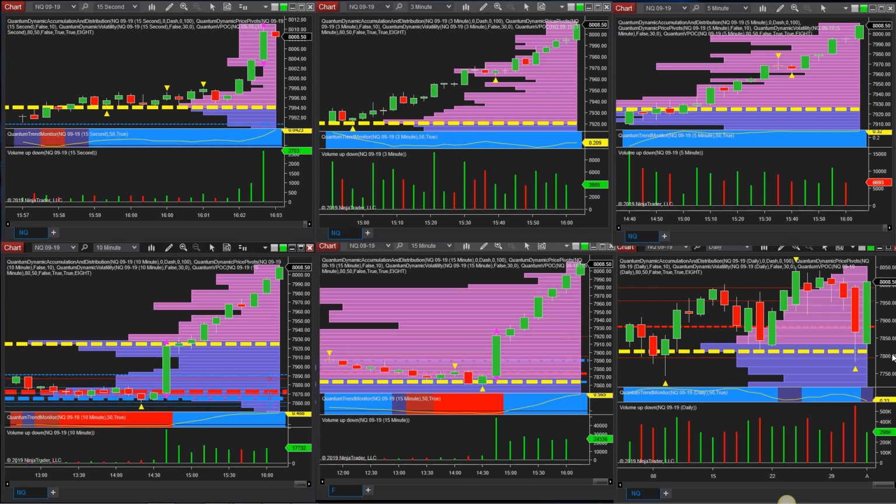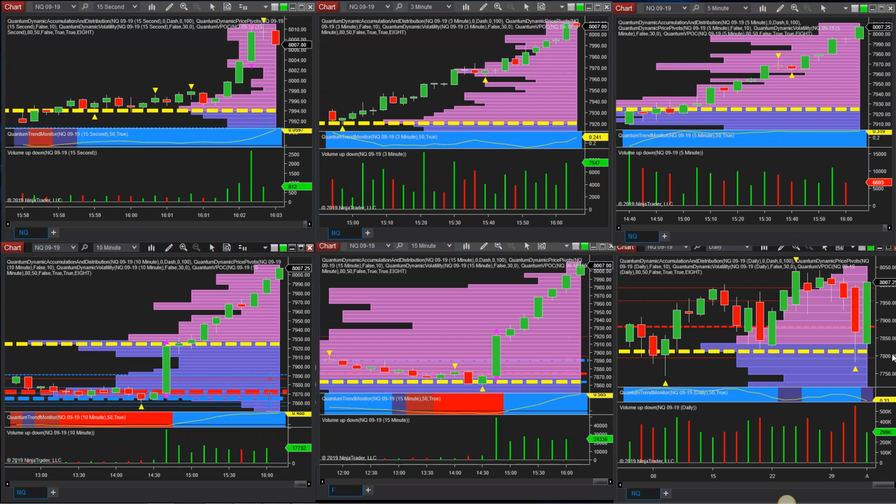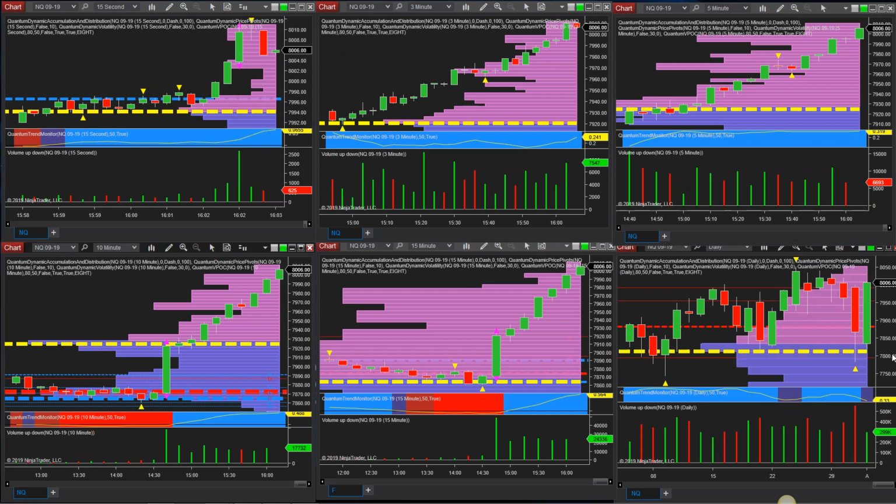Whatever time frame you're trading, you may well see volatility on a faster time frame, as we have literally now. The relevance to your time frame will depend on, A, how far away it is, and B, whether it subsequently appears there. This is an extreme example where we're on 15-second and we're up to 3-minute and 5-minute, because clearly it's not appearing on the 3-minute, but it is on the 15-second.